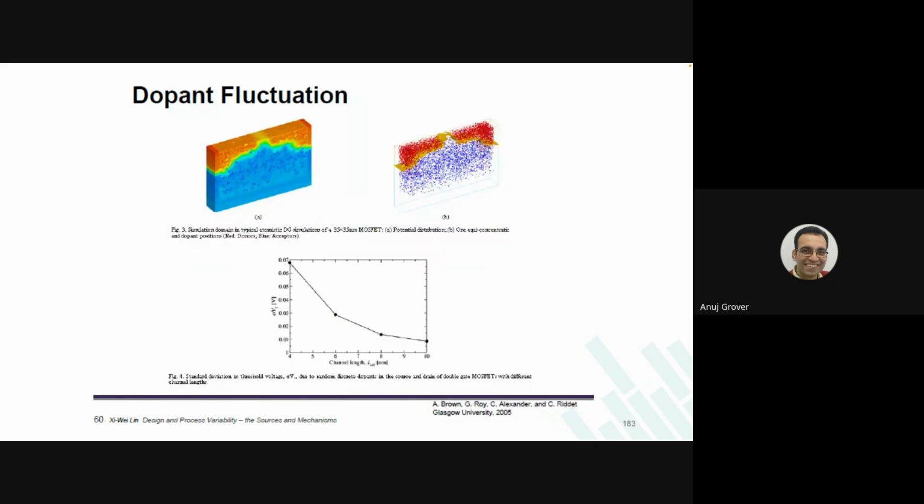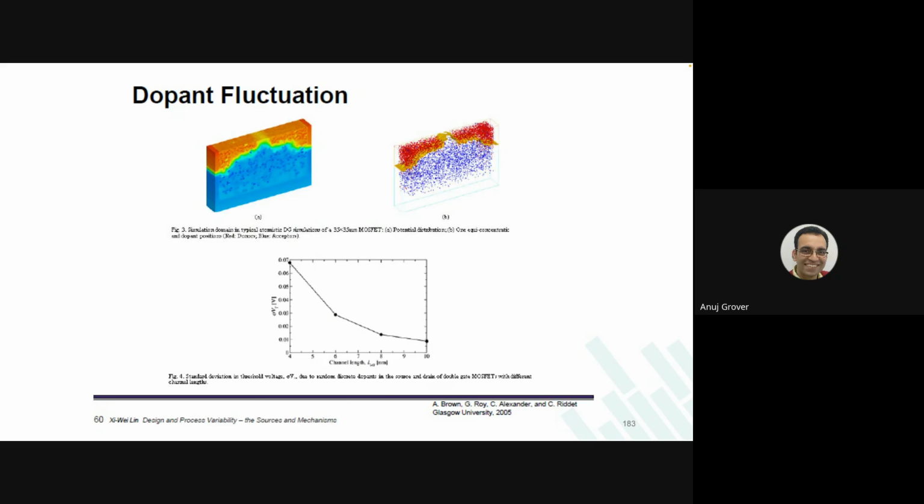And now we come to random mismatches because of random dopant fluctuations. So what are random dopant fluctuations? We desire to get some particular number of dopants, but they can increase or decrease. The number of dopants could be more or less in a particular channel region.